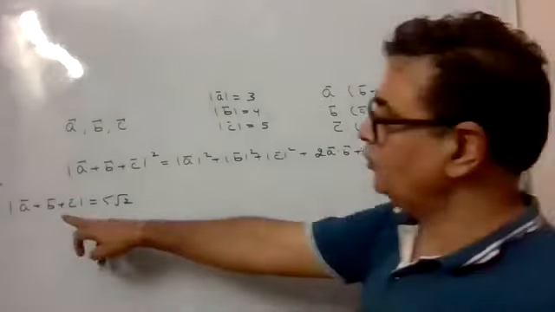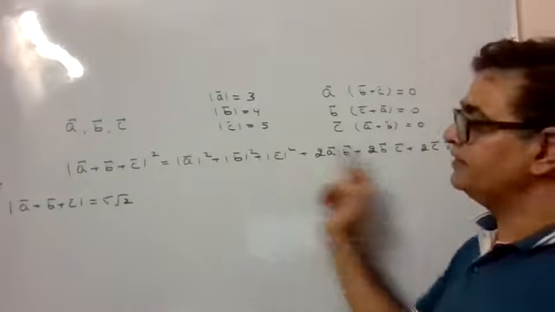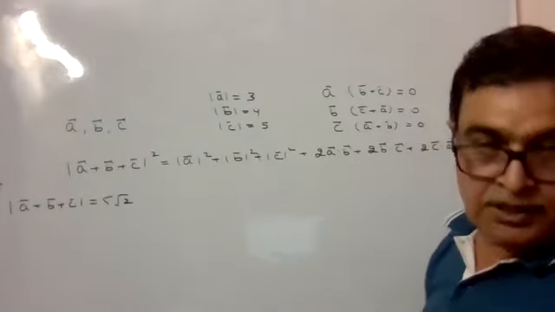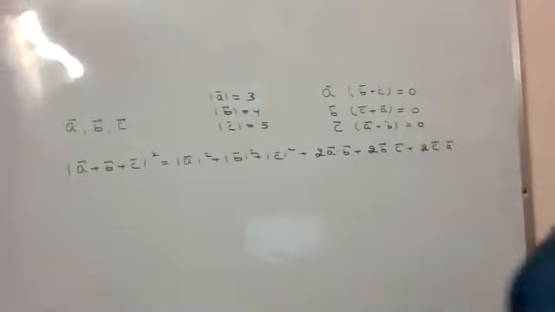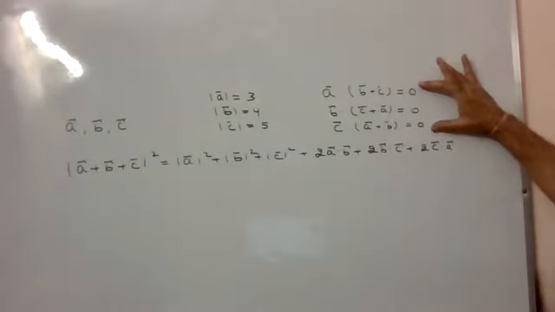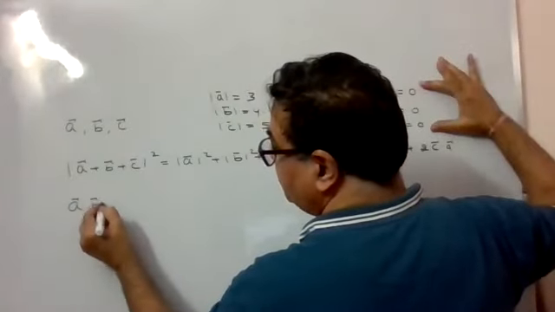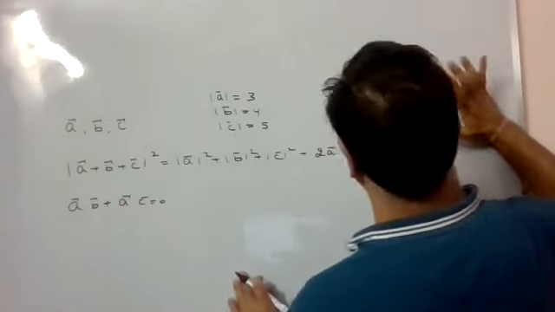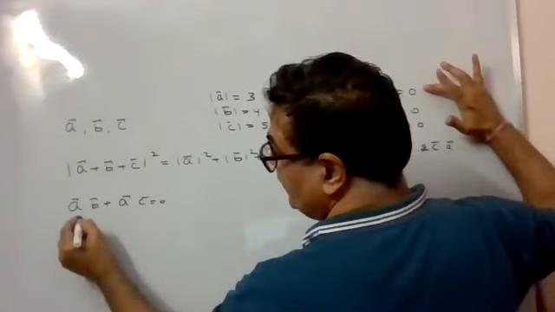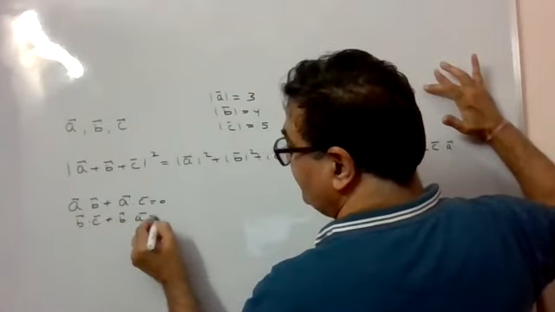Now we should find out the magnitude of A plus B plus C, whole square. We have this result, and now we should solve it. But before finding this value, one more piece of information we collect together. ये वाला result देखो. We have A dot B plus A dot C is 0. पहली वाली condition यही कह रही है. दूसरी कह रही है B dot C plus B dot A is 0.